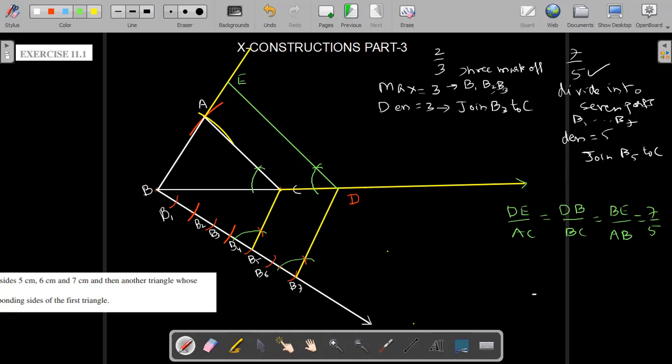Reason: you can write AC is parallel, so AB upon AE will be equal to BC upon BD. Their ratio will be equal, BC upon BD, so that's why it is justified.